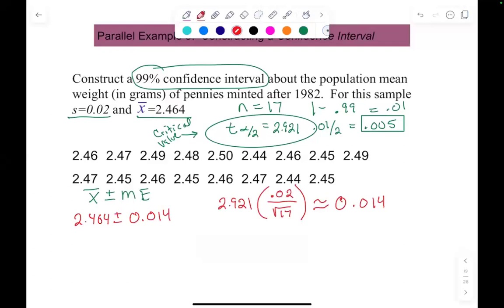I'm going to math that out because if I was writing it in interval notation, 2.478, then 2.464 minus, and it's got to be 2.45 because rounding it, I'm going to end up that 9 rounds up anyway.